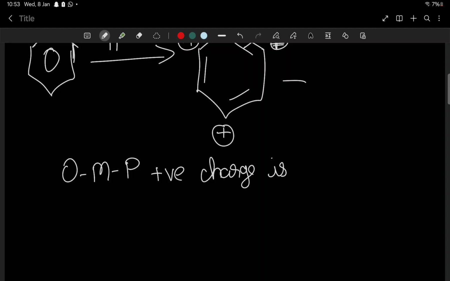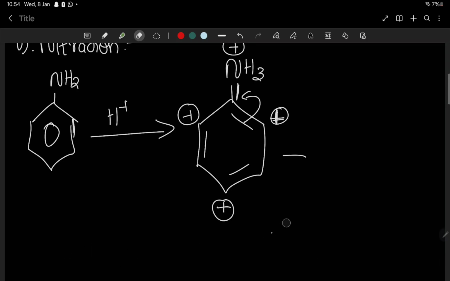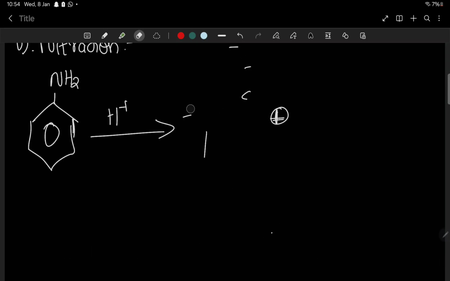Is it like that? No. The thing is that here only 1,3 resonance happens. Mostly 1,3 resonance happens. Look, we have the protonated compound.